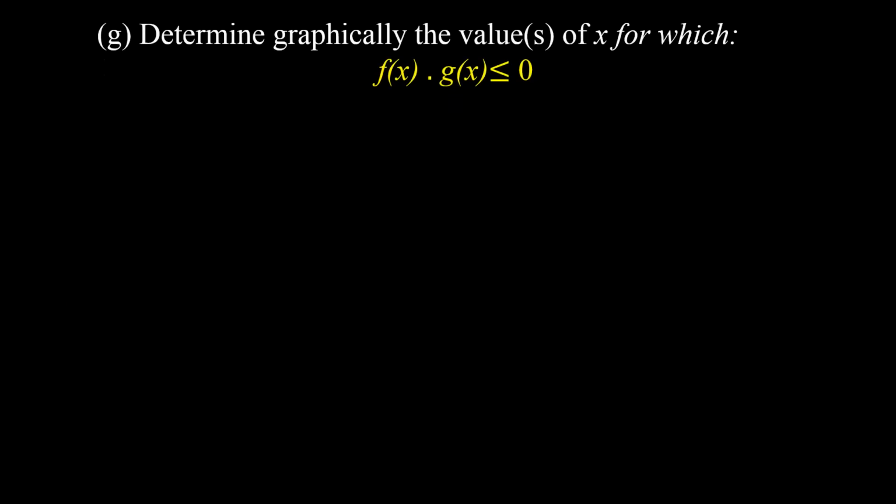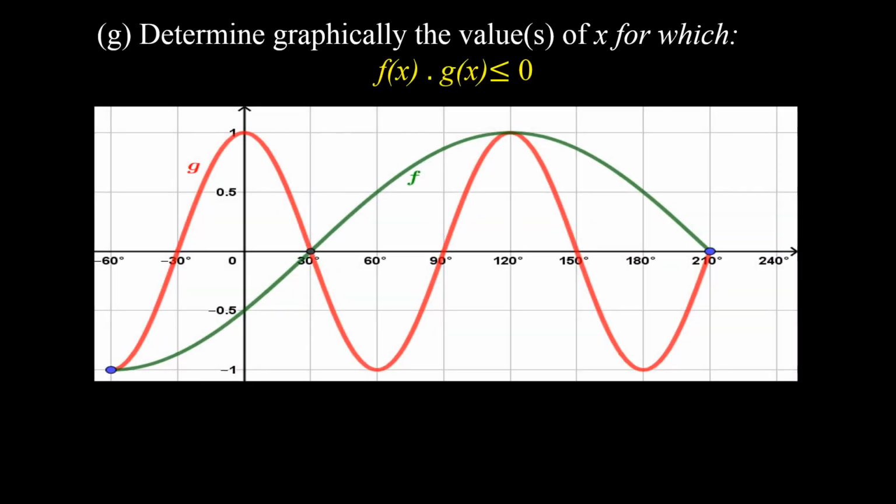Now, lastly, f of x times g of x. You multiply f of x with g of x and it should be less than or equal to 0. Remember, a negative answer. So where is it? We can mark all the points very quickly. Below the x-axis is going to be negative, negative, negative.